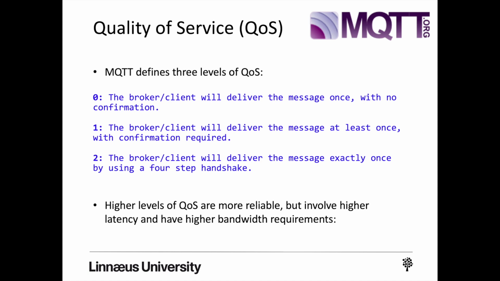In level 1, the client or broker will deliver a message and confirmation will be required, or a notification that the message is delivered. At the highest level of quality of service, or QoS, the broker or client will deliver the message exactly once, but there is a more thorough process, authenticating each other using a 4-step handshake.